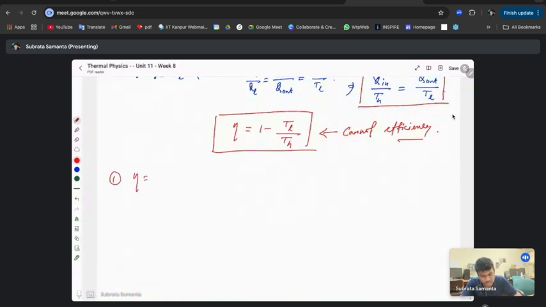In the given problem, eta is given. So the first step is case A: eta is 50%, that means 0.5, when TL is 7 degrees centigrade, that means 280 Kelvin.